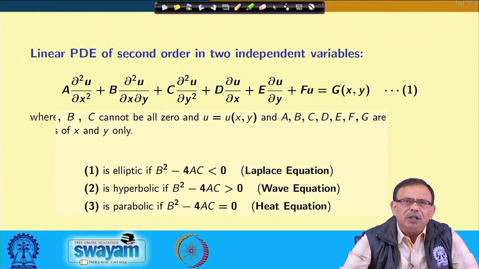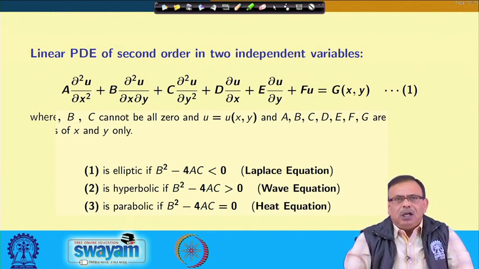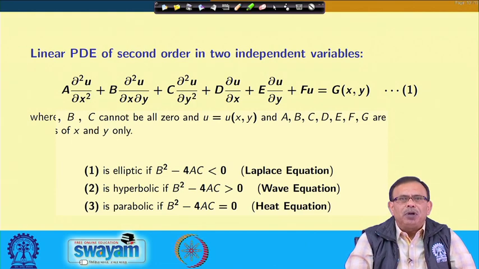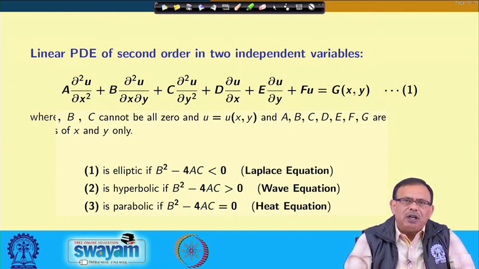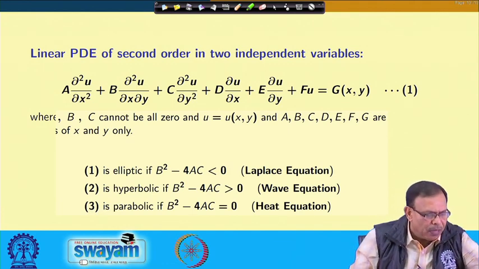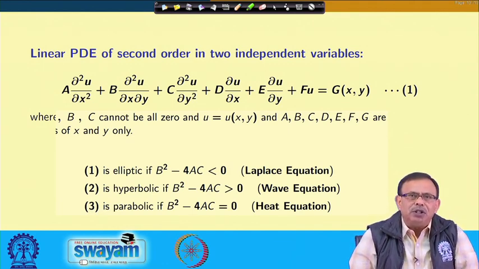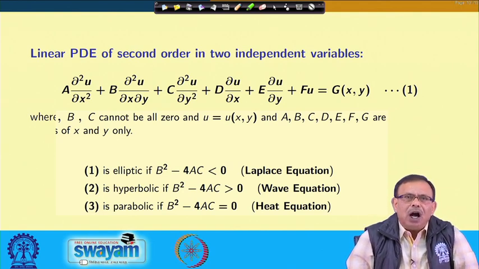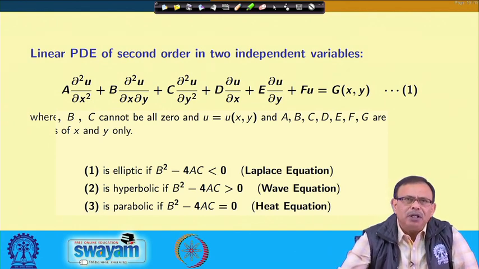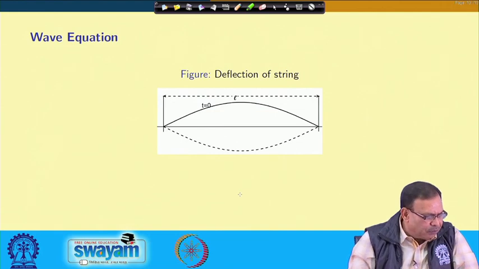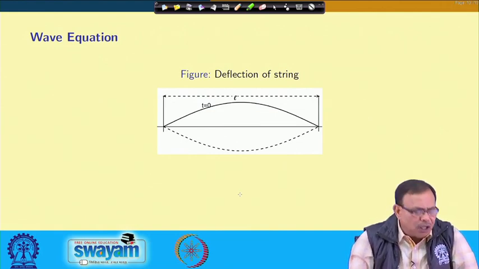It is elliptic if b square minus 4ac is less than 0, which we call the Laplace equation, hyperbolic if b square minus 4ac is greater than 0, which we call the wave equation, and parabolic if b square minus 4ac equals 0, which we call the heat equation. Let me explain these terms a little bit.